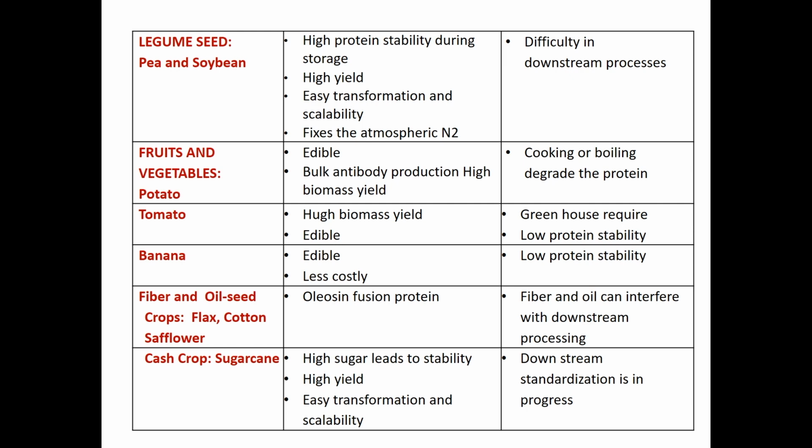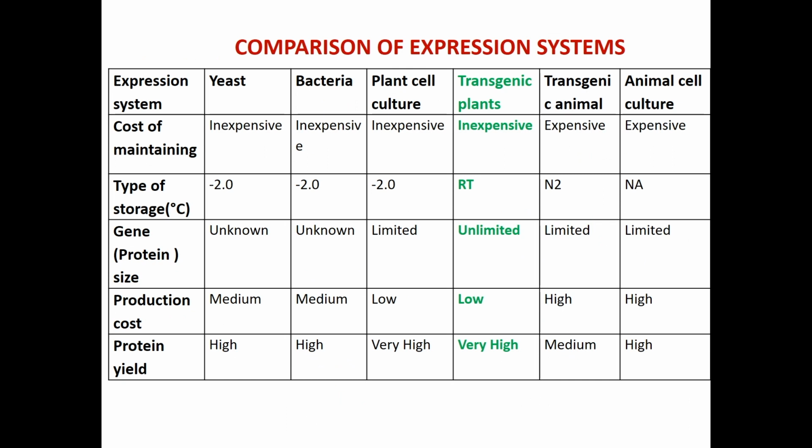The drawback is the downstream process, because as soon as we extract the juice from the plant, it gives both sugar and protein. It needs to be separated in an ideal environment. Separation is easy, only we need to have an ideal environment to separate both of them.